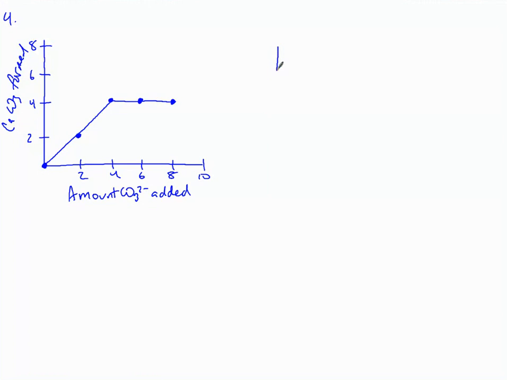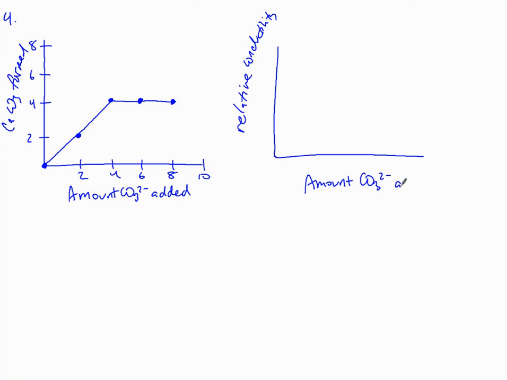Second graph is relative conductivity versus the amount of carbonate added. Graph's going to look something like this.